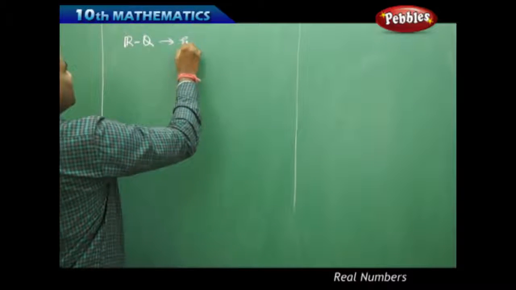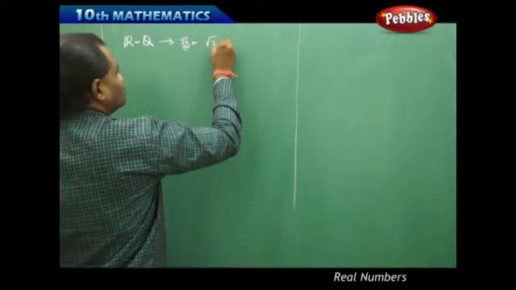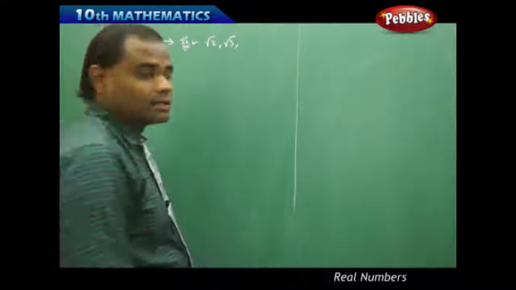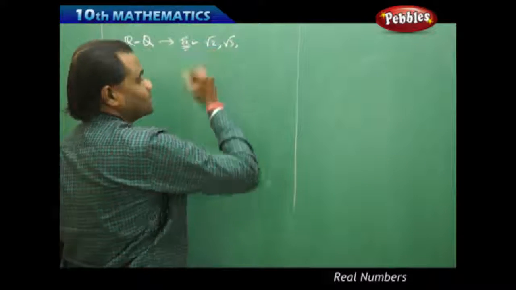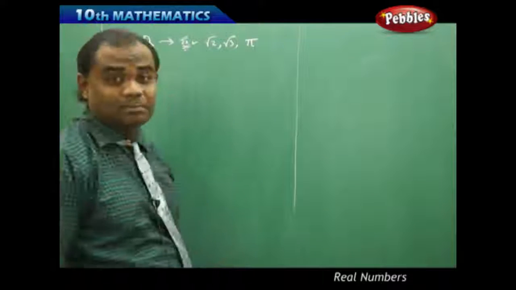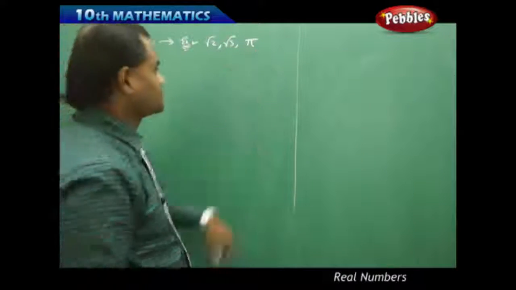There are many example irrational numbers which we can discuss here, like root 2, root 3, root 5, root 7, etc. The root of a prime number is an irrational number, and pi, which we know, is an exceptional irrational number because it has its own history in mathematics.